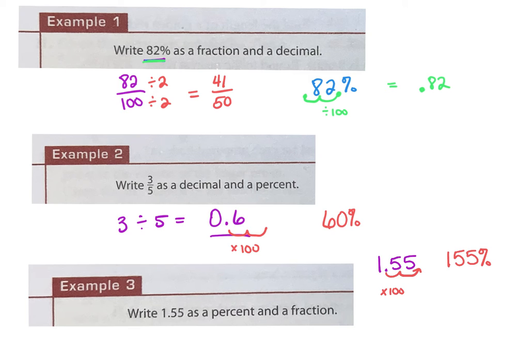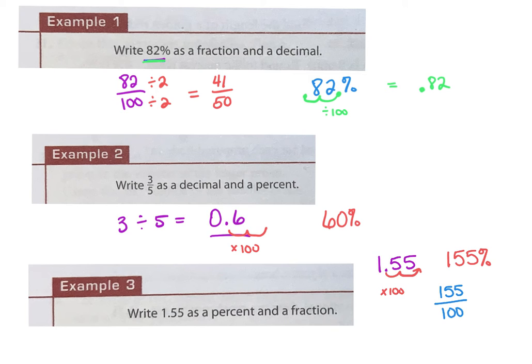155%. Now they want this as a fraction. We already have the percentage. We're going to do exactly what we did in the first example. We're going to take this 155%, and it is always compared to what denominator? Percentage always is over what? Over 100, all right? And just like in the other example, we don't want to leave it like this.